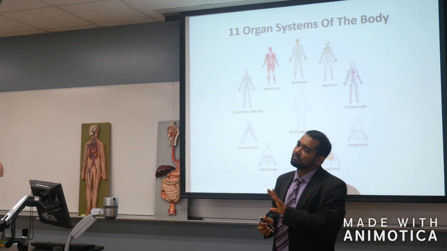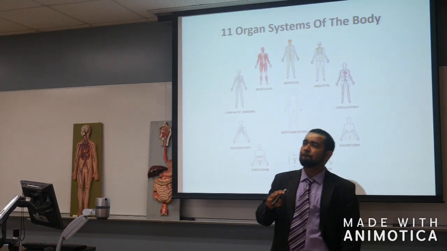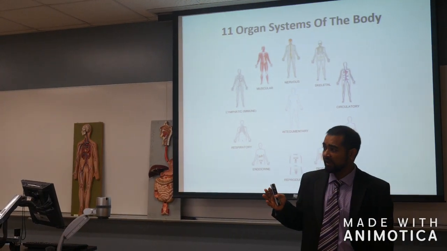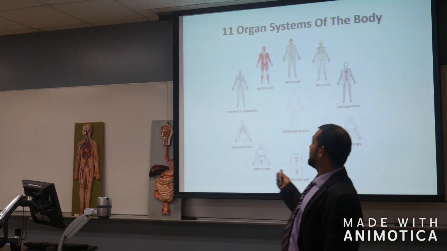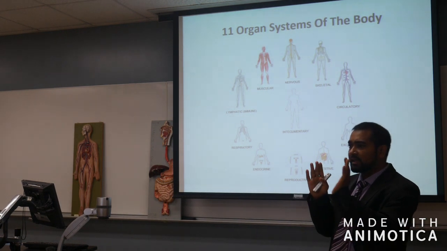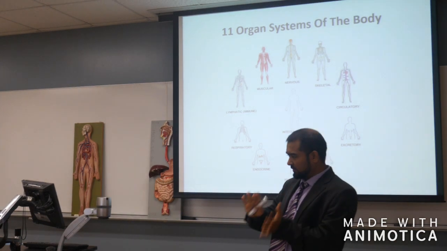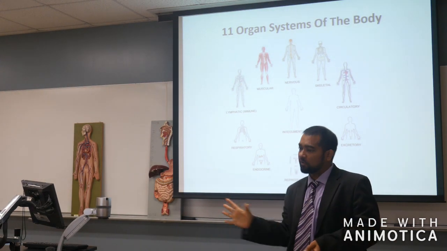So every organ has its own mechanism, and based on the actions of organs, they are divided into 11 organ systems. Similar organs working for the same purpose are in one organ system.